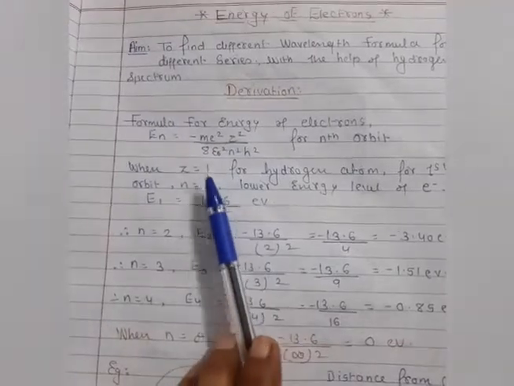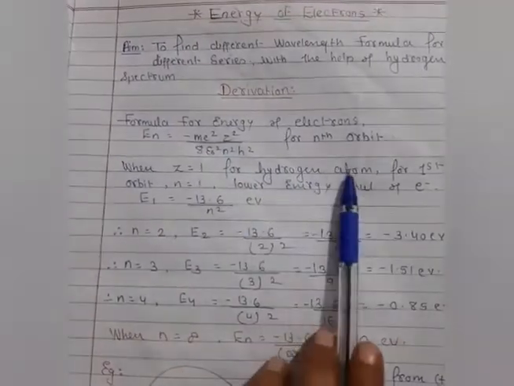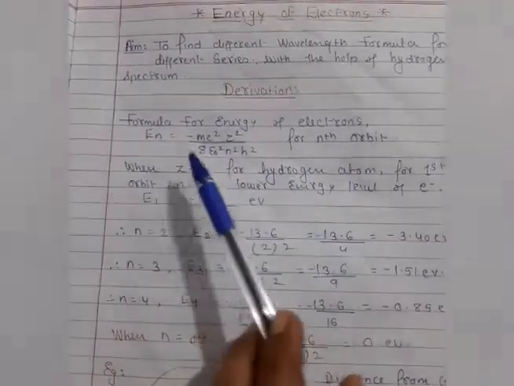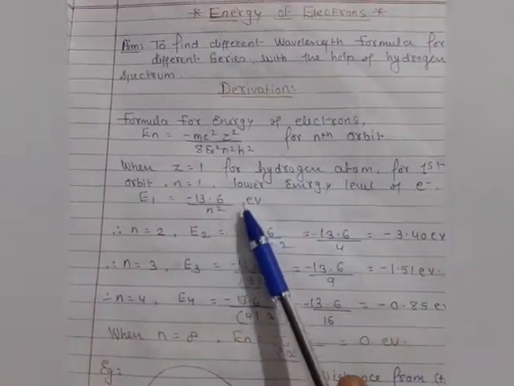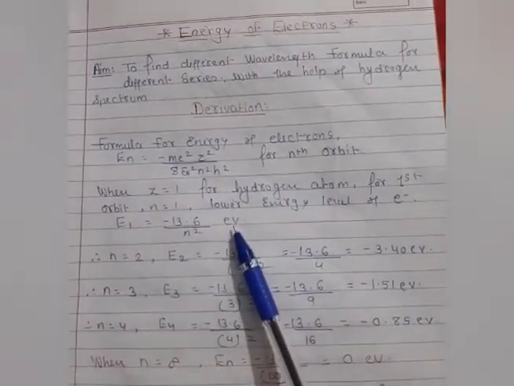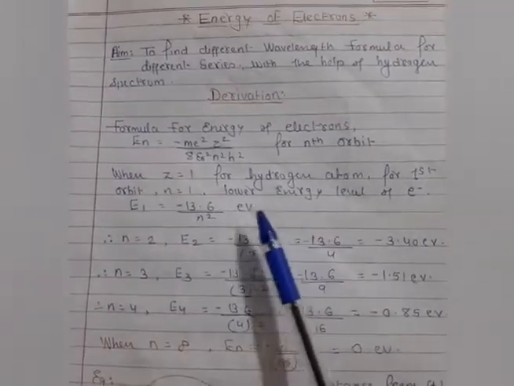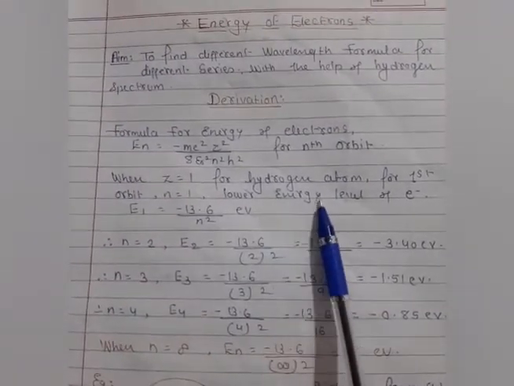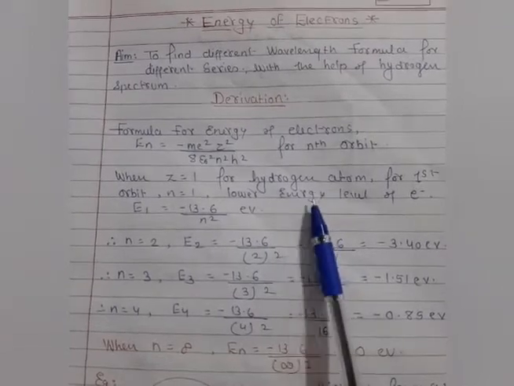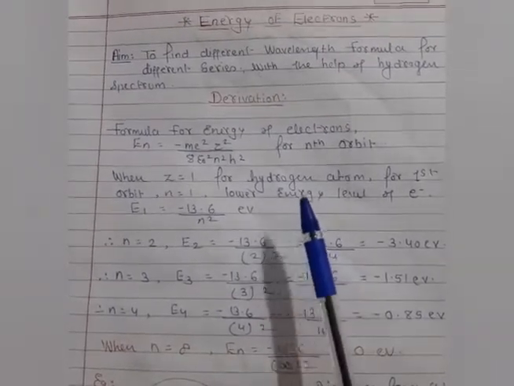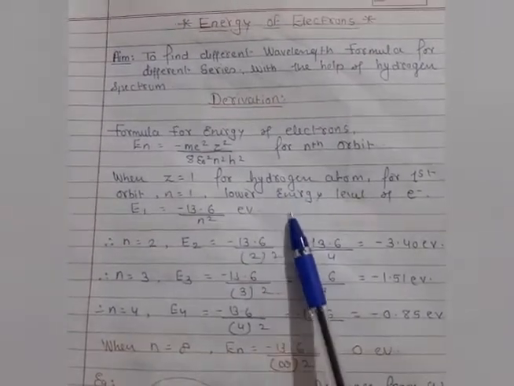In this condition, when the value of Z is 1 for the hydrogen atom, let me consider this energy for the first orbit, because students, as we have already studied in Bohr's third postulate, the different orbits of the electrons have different energy, and when they jump from one orbit to another, they release or absorb energy.